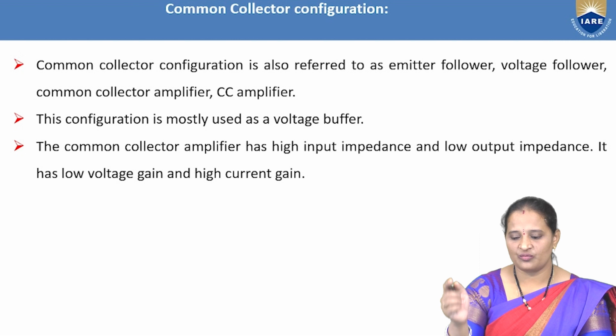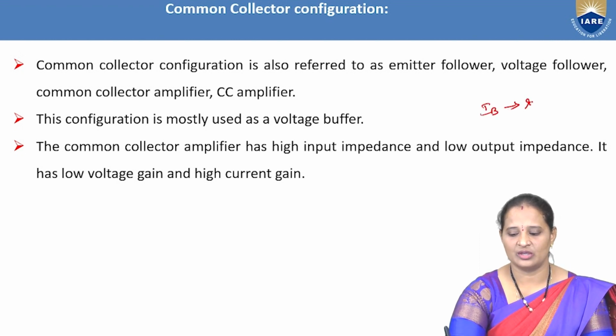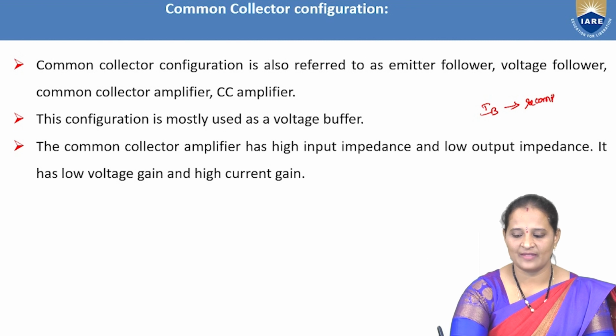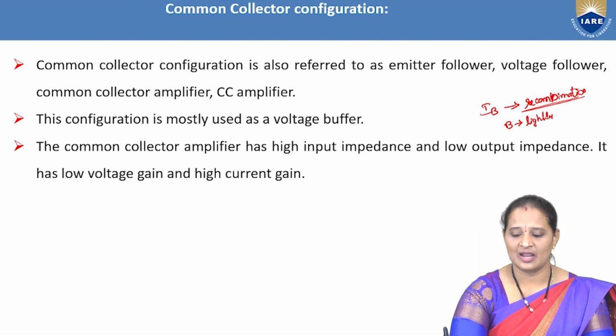As well as high input impedance. Why? Because we all know that base current is due to recombination in the base terminal. This recombination will be very less, because the base is lightly doped.